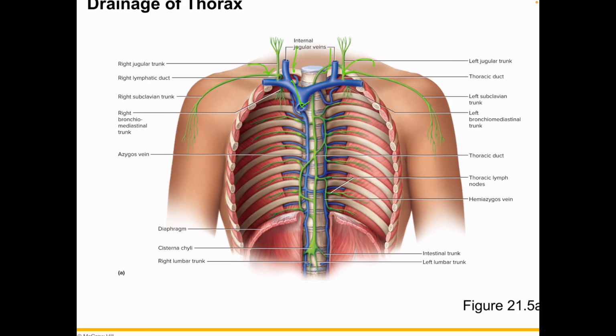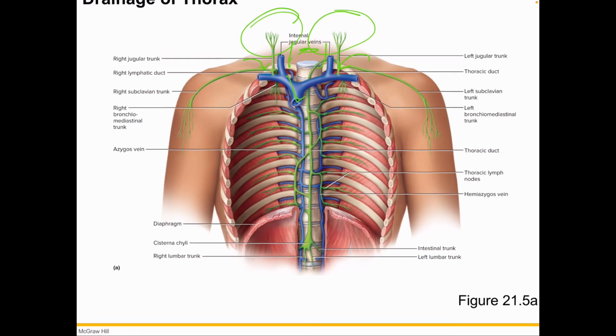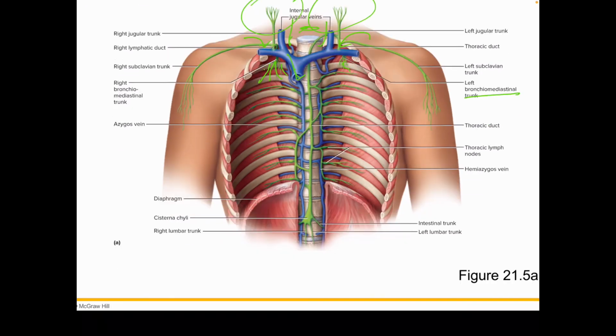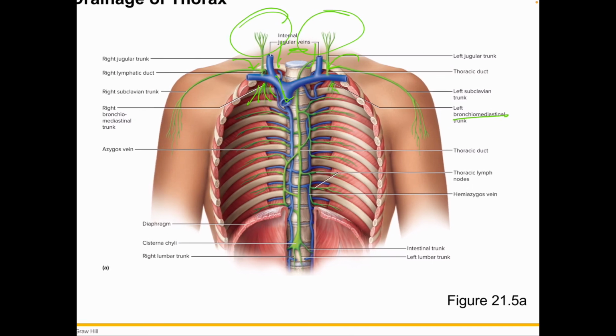The right and left jugular trunks are right next to the internal jugular veins themselves. The bronchomediastinal trunk is coming in here after going more proximal to the apex of the lung.